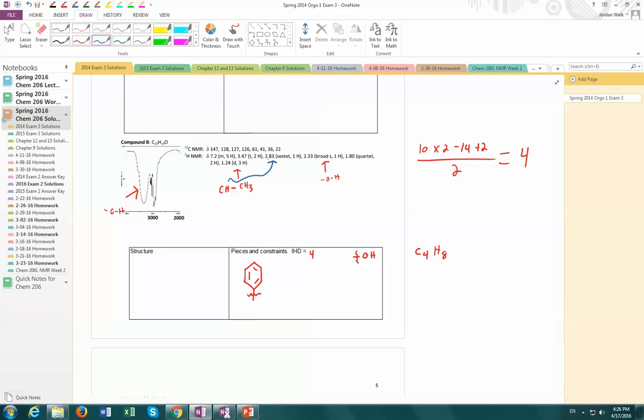So we're already showing 3. And so it needs to have 2 more. All right, so let's think about the possibilities for that. So we could have CH3, CH. We'd have to have something here if it's CH2.